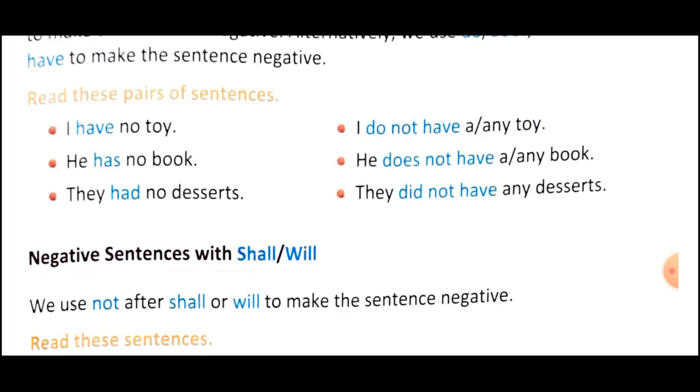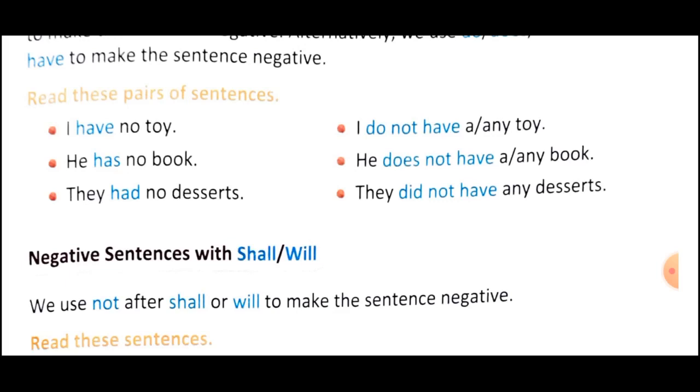Next is they had. In this had, did is hidden. So after separating did, this had will be written in its original form, that is have. Have, that shows the possession or ownership or relation to something. Okay, so here has, have, had are written in their main form, that is used as main verb.